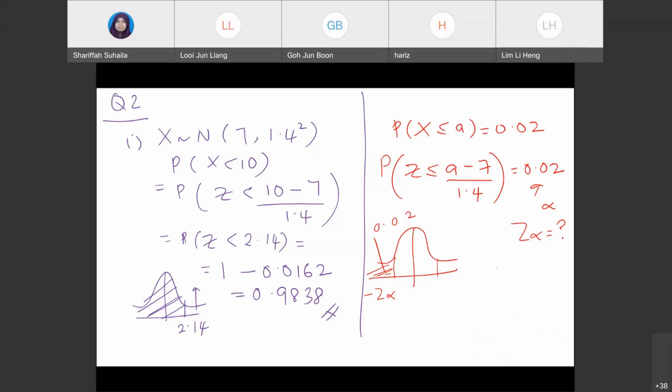So again, your Z alpha is minus 2.0537. We solve A minus 7 over 1.4 equals minus 2.0537, and then you get the value for A. So again, here you will get A is 4.125. Yes, I got the answer 4.125.